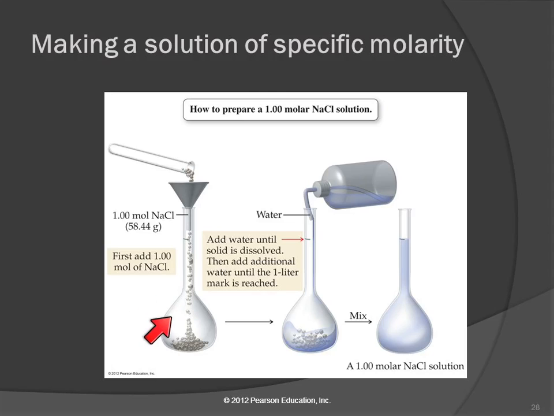So you add your solute, you add some water, about half the amount of water, and then you mix it and get it all to dissolve, and then you add enough of your water solvent to come up to the mark. These volumetric flasks have skinny necks, and they have a mark here.